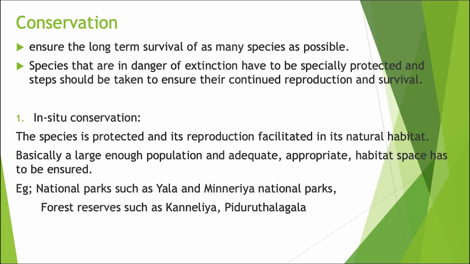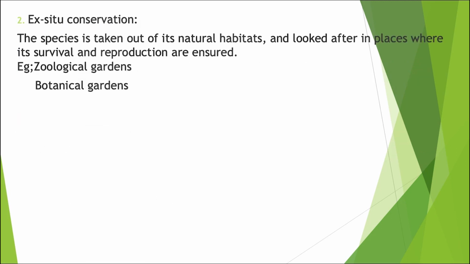In situ conservation, the species is protected and its reproduction is facilitated in its natural habitat. Basically, a large enough population and adequate, appropriate habitat space is ensured. Protected areas, traditional home gardens, sanctuaries, national parks, and forest reserves are examples of in situ conservation.